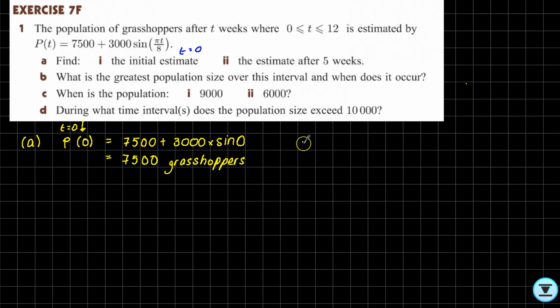Okay, and then number 2, find the estimate after 5 weeks. So that's when we're saying T is 5 mathematically. Our third topic, we talk about maths notation, and it's like we're already using it now. P of 5 means go to your function and wherever the variable is, replace it with that 5.